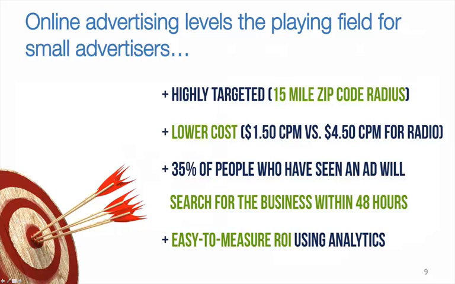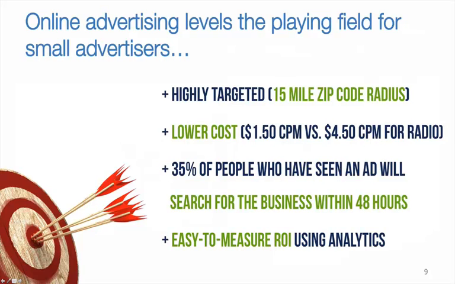So you now have the ability to really hone in your targeting and make sure that you're not wasting dollars by spending money on advertising that's being shown to people outside of your market. Most local businesses do the far majority of business with customers within 15, 20 minutes, or maybe an hour of their business. Online advertising now allows you to target that way as well.